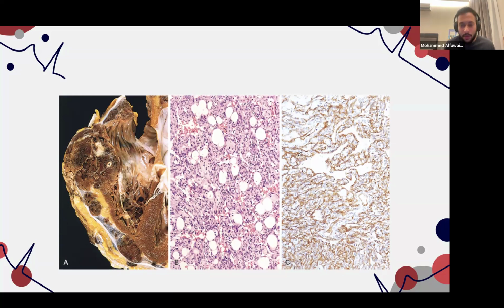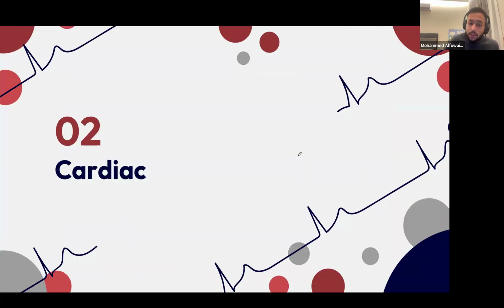PVC. Excellent. Remember these. PVC and arsenic. Is there a specific CD marker that you can target for angiosarcoma? 31. Excellent. Remember CD31, angiosarcoma associated with PVC and arsenic. Those are the key terms that I want you guys to remember for angiosarcoma. And we're done with vascular.